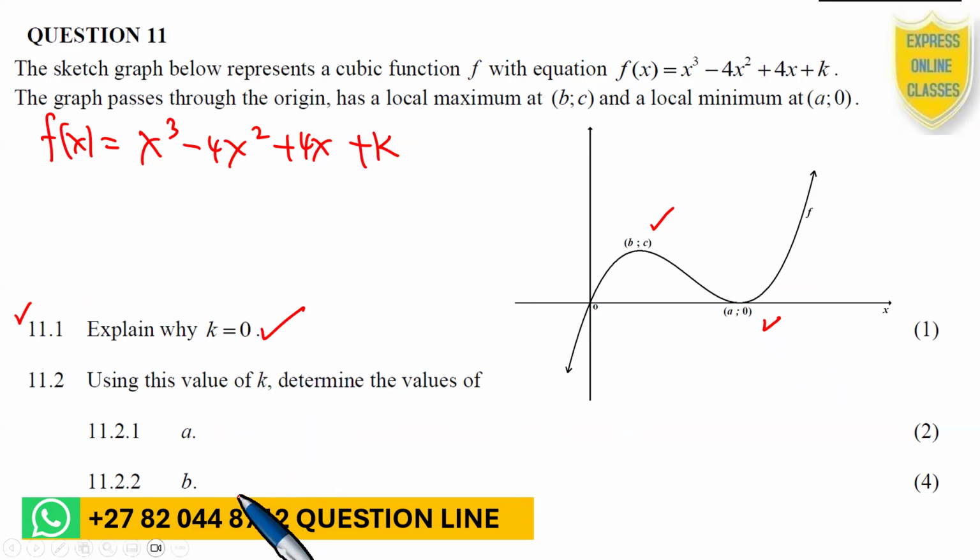But explain why k equals 0. Please let us know when you're done. You have 1 minute.